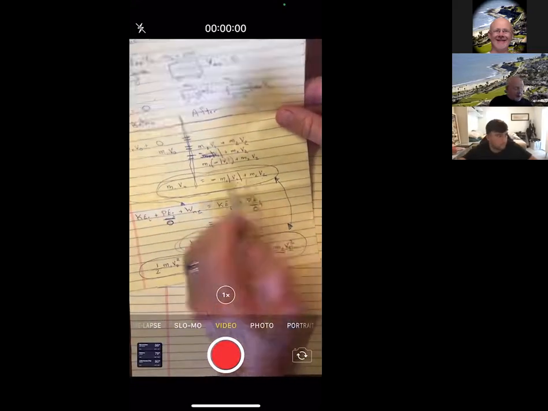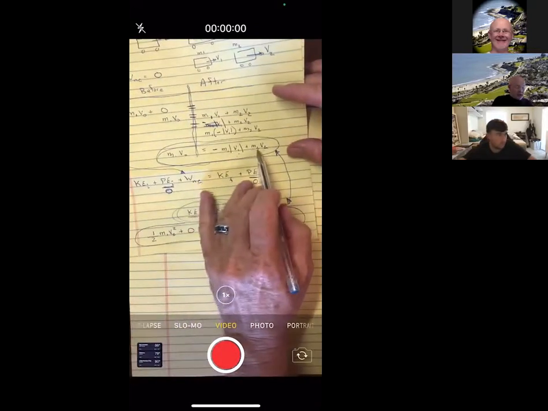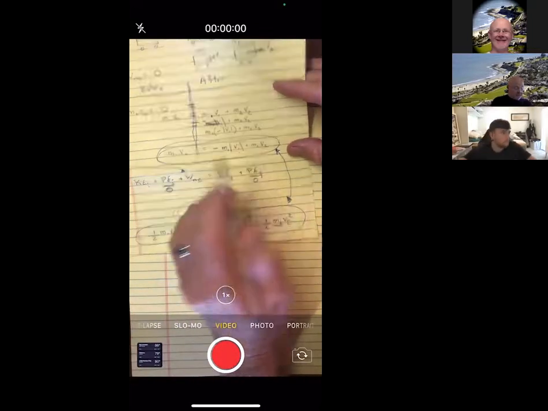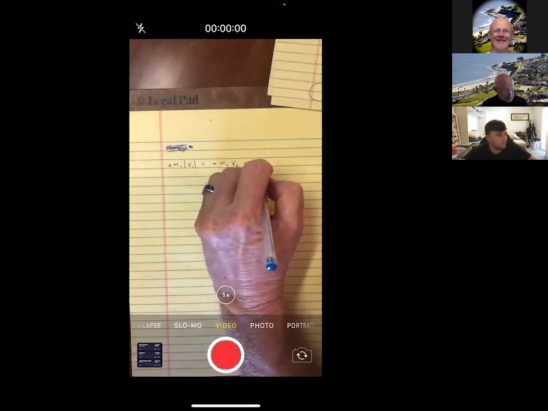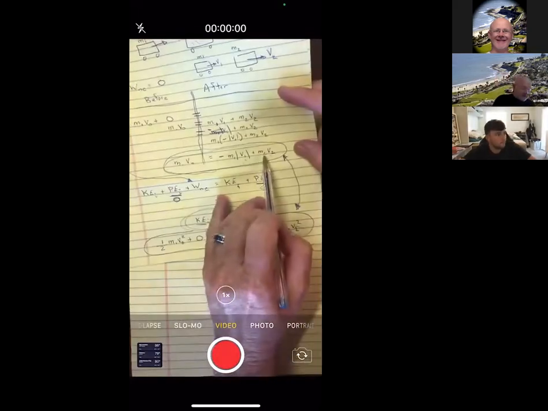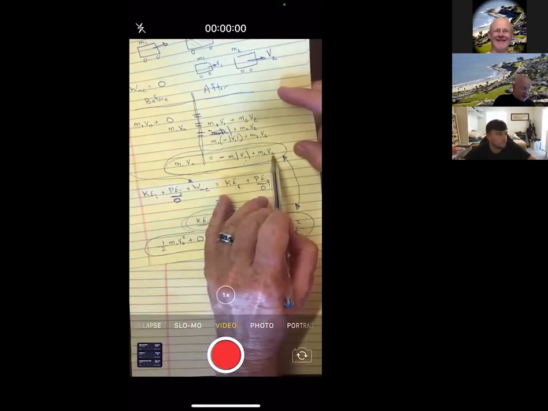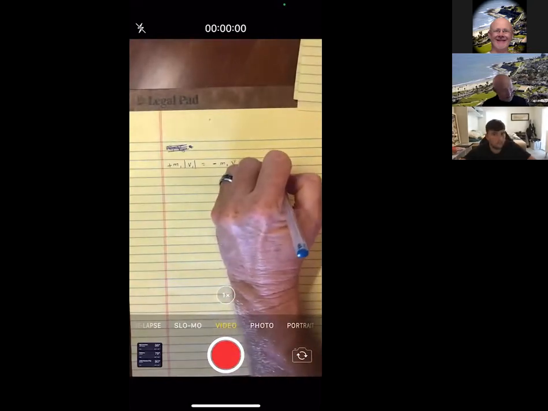And then right here is plus, and I'm going to do that same little trick again. Remember, M2 is 2M1, so I'll just put 2M1 for that M2, and then times V2.